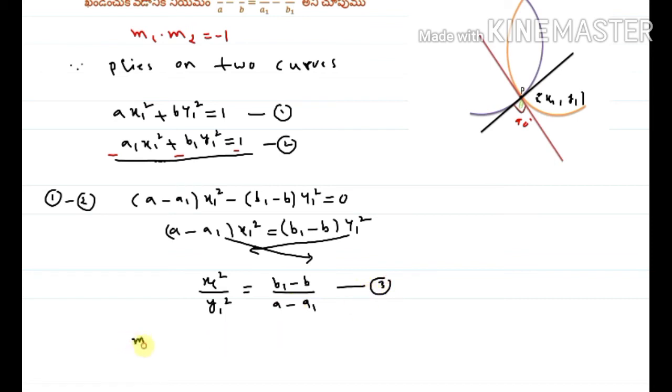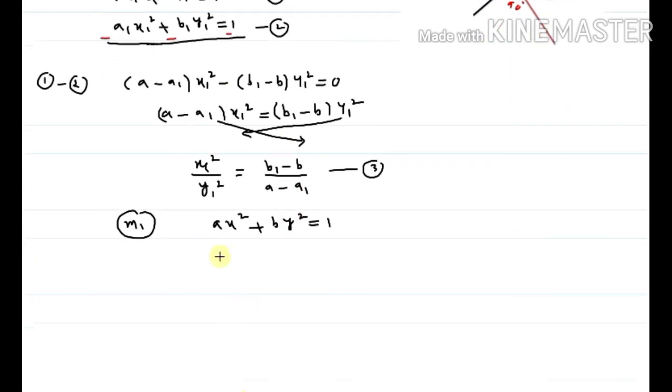Now to get m1, differentiate with respect to x both sides of curve 1. Curve 1 is given here, a x square plus b y square is equal to 1. On differentiation, I will get a is constant, x square derivative is 2x, b constant, this is 2y dy by dx, is equal to 0, since the derivative of 1 is 0. Here again I can cancel 2.